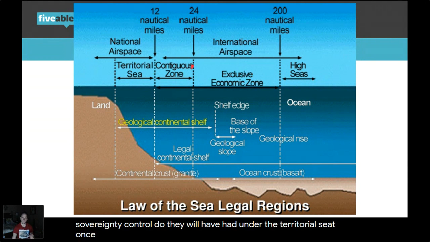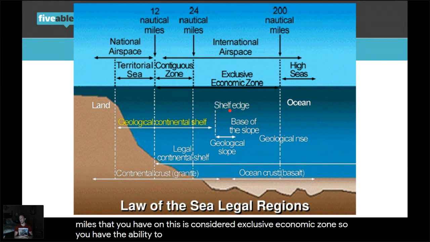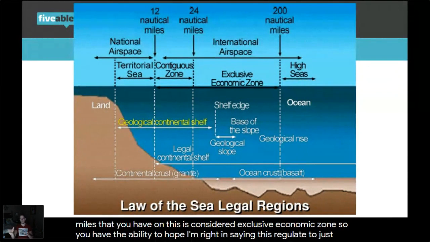Once you exceed the 24 nautical miles, you have up until 200 nautical miles what is considered the exclusive economic zone. So you have the ability to, I hope I'm right in saying this, regulate to some degree the kinds of economics that goes on in that area.